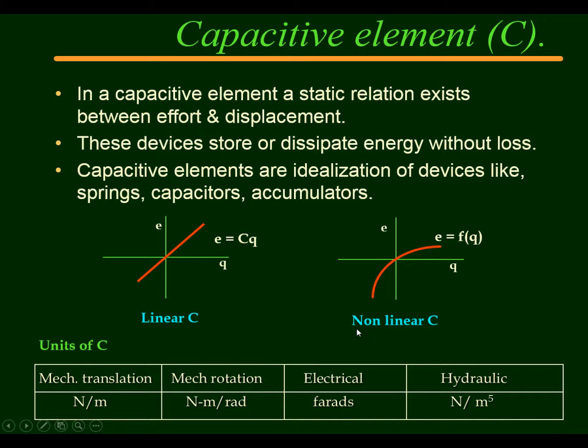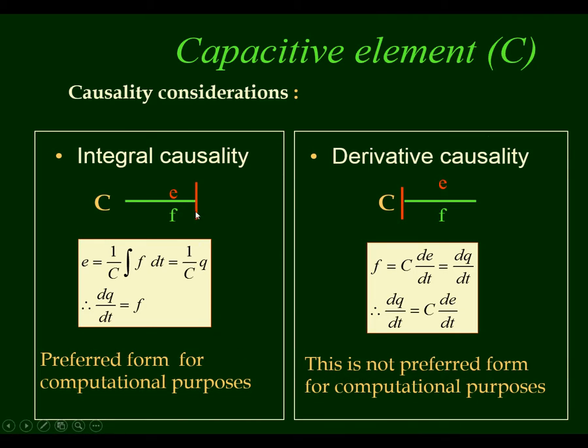So that is then the C element, which we call the capacitive element. In this particular case, you have a relationship between the effort and the displacement, the generalized displacement. So the constitutive equation would be like this. So if we want to relate this to a physical element, perhaps we can write it down in here like this. The red one still holds.